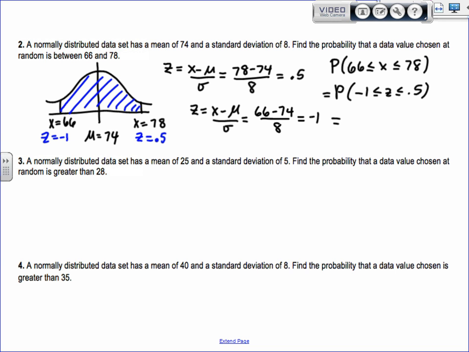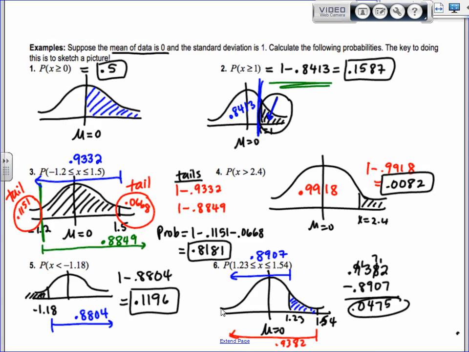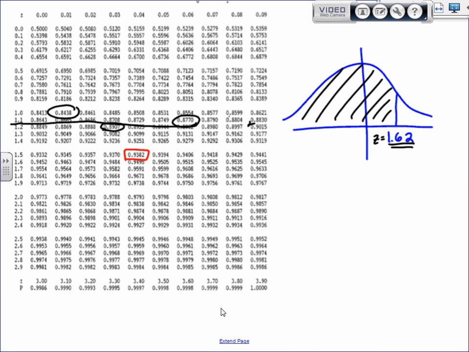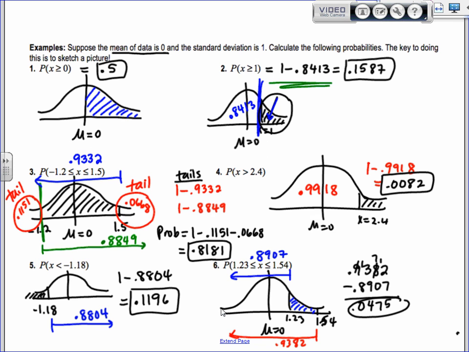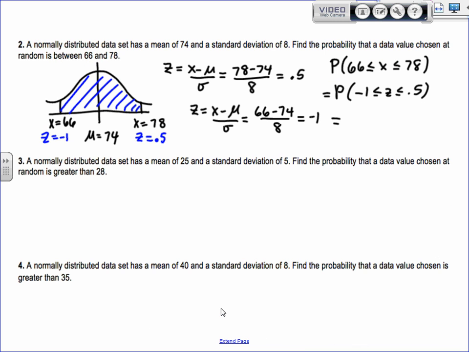So how do I find this answer? What am I going to need to find in order to find the part in the middle? I have to find the probability, and then I'm going to have to find those tails. Do you guys remember the tail thing? We're going to do that again. So I'm going to look up 1 on my table. When I look up 1, I get 0.8413.